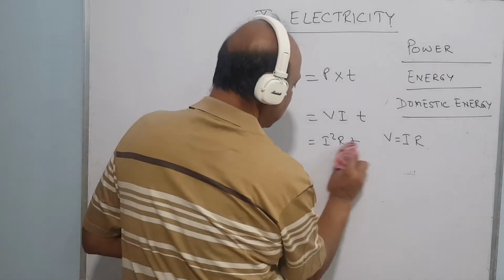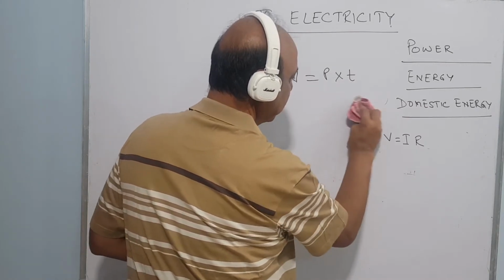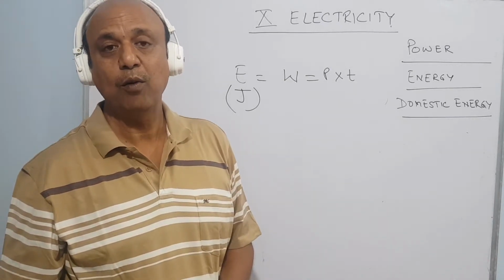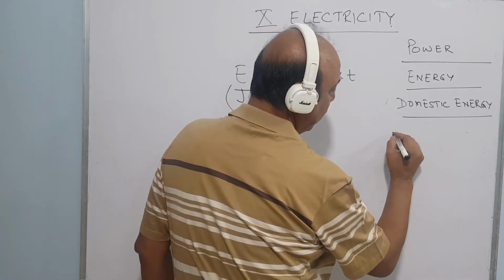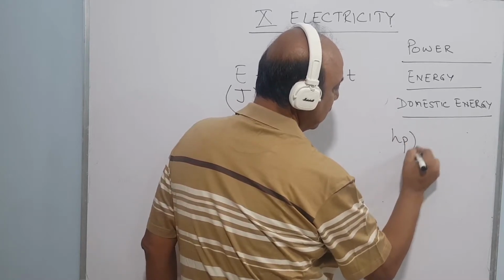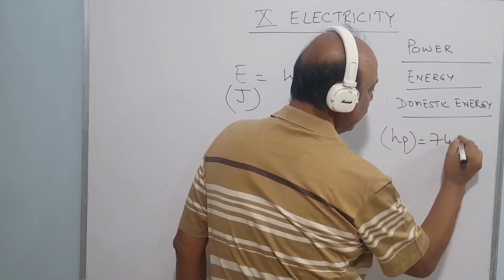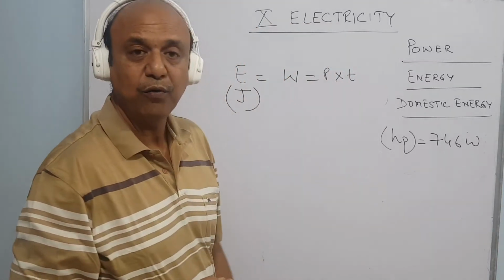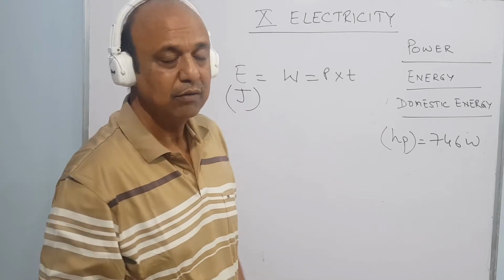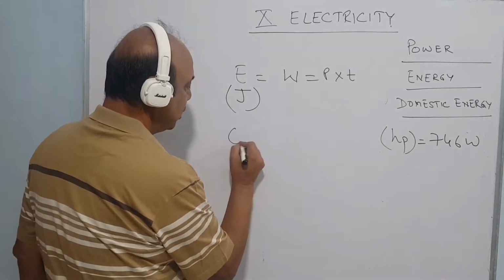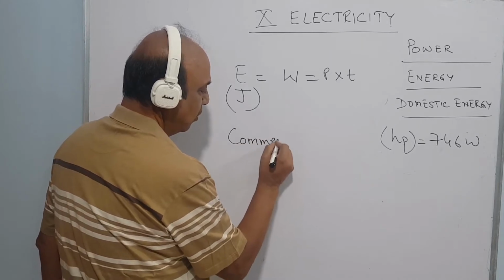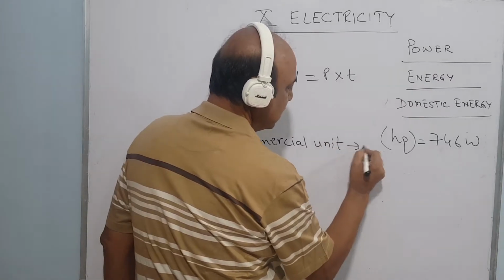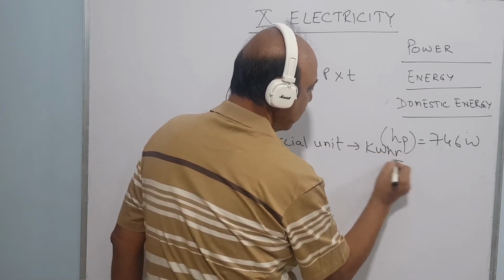Now, there is another commercial unit for energy and there is another unit for power. There is a unit for power called horsepower, which is equal to 746 watt. There is another unit for energy, kilojoules, which is 1000 joules, but there is a commercial unit for electrical energy, that is kilowatt hour.